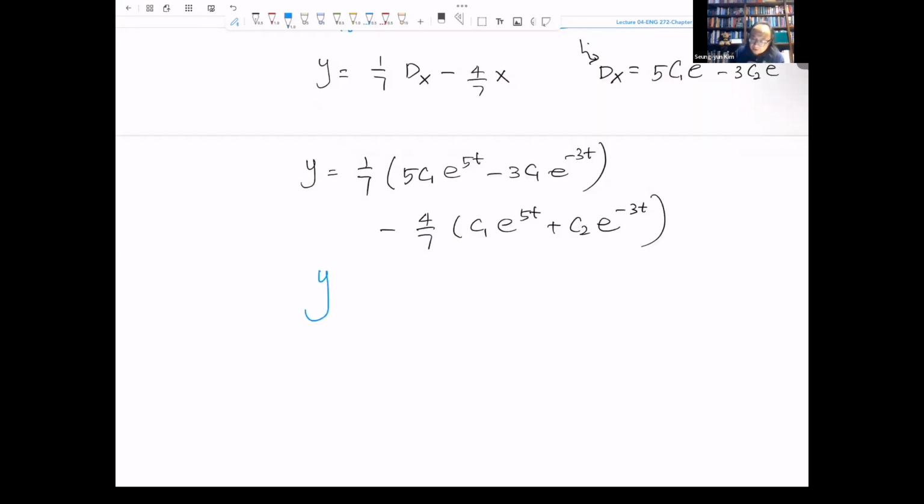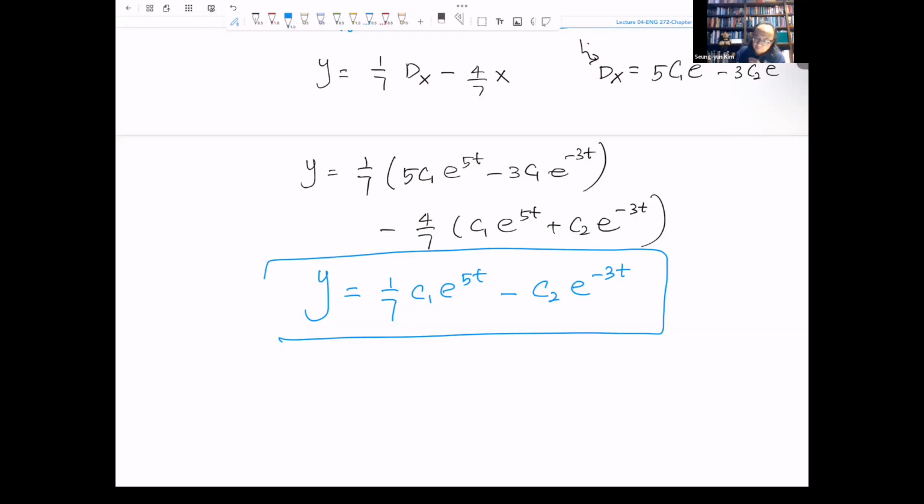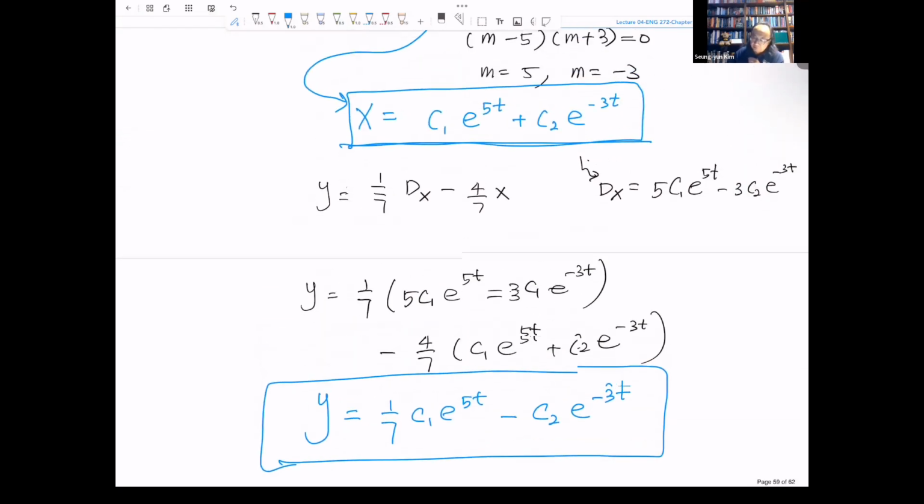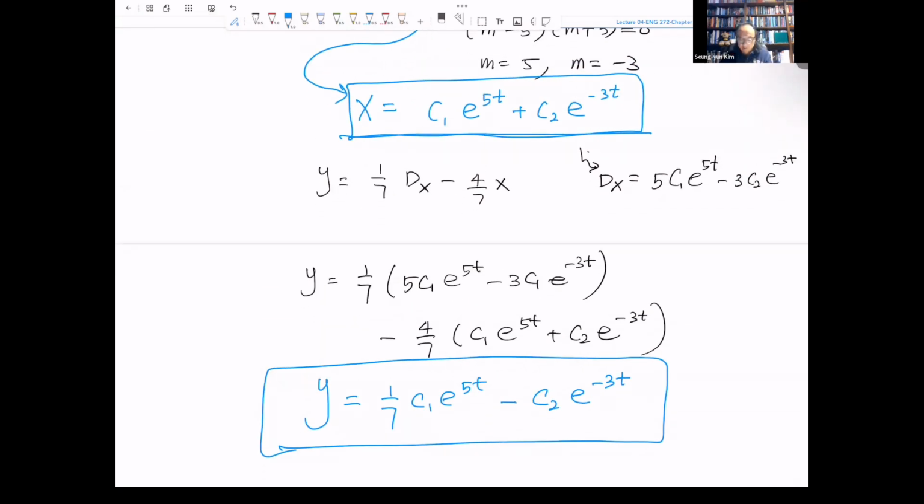And y equals 5 over 7 minus 4 over 7, that's 1 over 7 C1 e to the 5t. Negative 3 over 7, negative 4 over 7, negative 7 over 7, minus C2 e to the negative 3t. So now we have solutions for x and y.